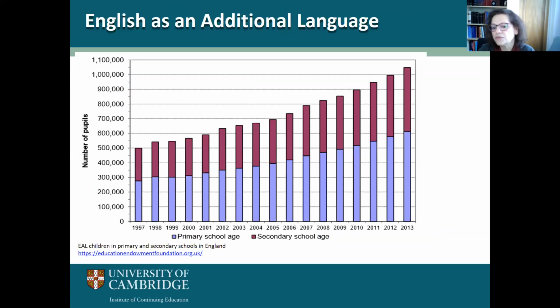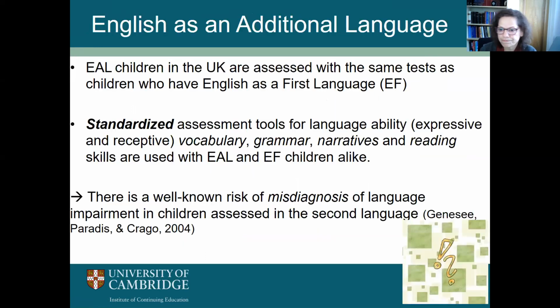So as you can see from this graph, which is from government statistics, the number of bilingual children in English schools, that is children who have another first language, and English is an additional language, these are EAL children, as we call them, has increased a lot, and this graph goes up to 2013. Unfortunately, but I can say that the increase is still continuing. So we have over 1 million EAL children in UK schools.